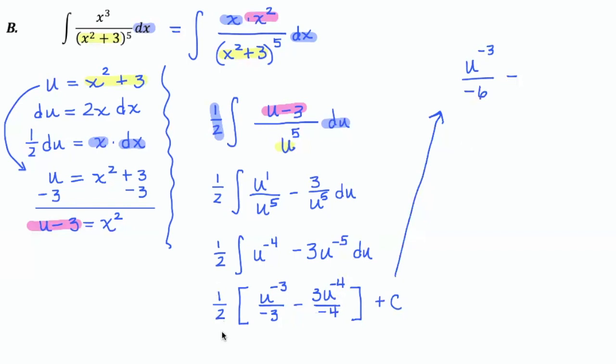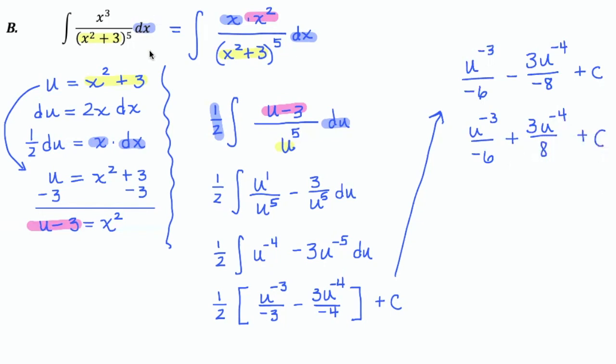Now I'm going to distribute the 1/2 again, which will become 3u to the negative fourth over negative 8. I don't like this minus a minus business, so I'm going to take care of that. I'm going to leave this one with a negative 6 on the bottom. I'm going to make this one a plus 3u to the negative fourth over 8.